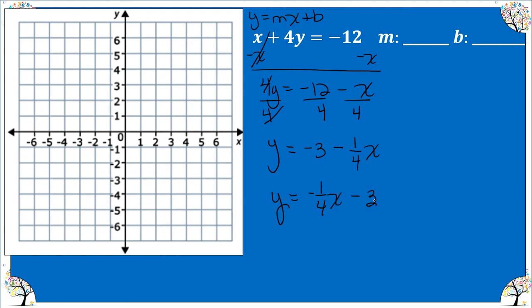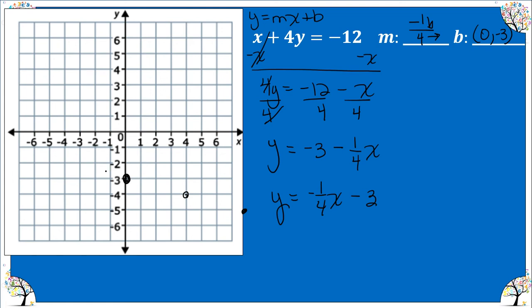Our slope is -1/4, so it's going to be down 1 and right 4, starting at 0, -3. So we're going to go down 1 and right 1, 2, 3, 4. And if I go down 1 and right 4, it kind of would be about here. I'll go ahead and plot that.